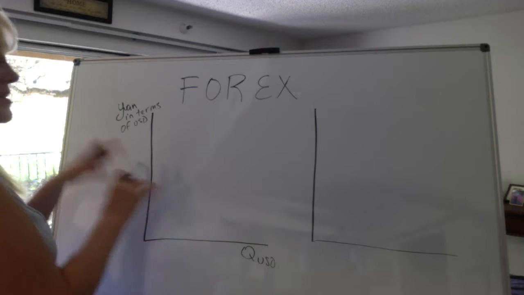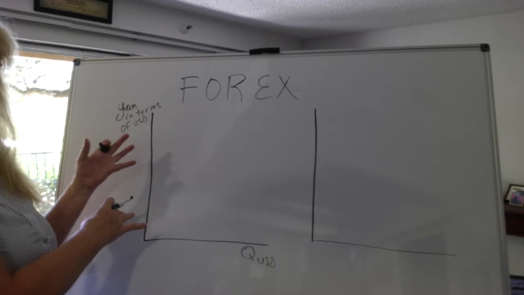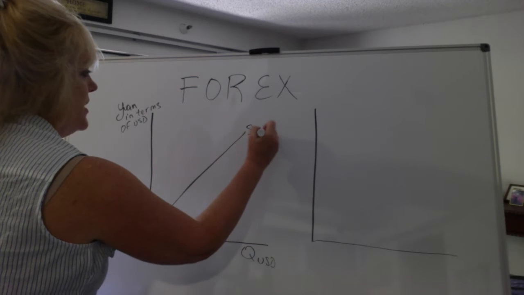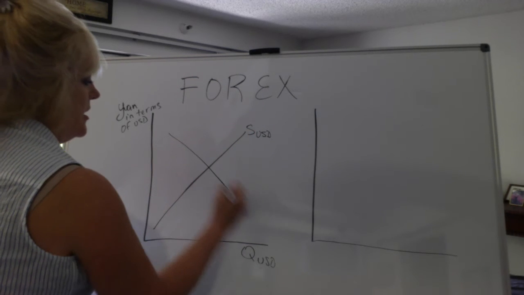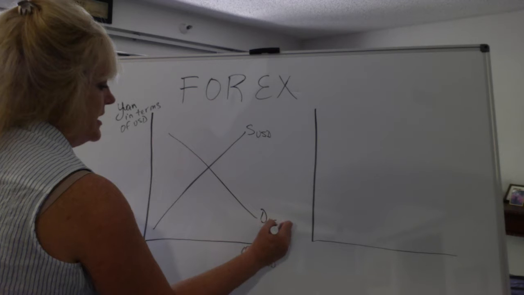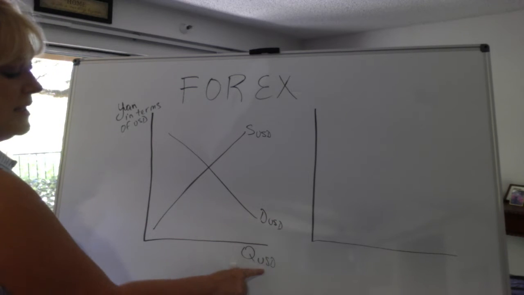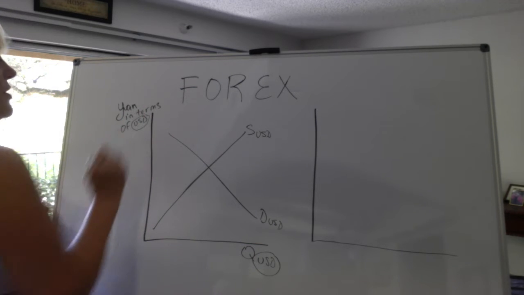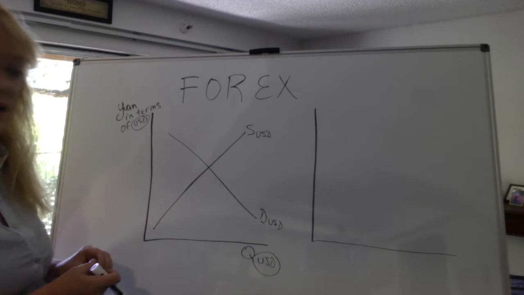So here we're saying, what is the price of USD in terms of 1 yuan? Okay, so we have our supply of USD and our demand for USD. Make sure you label that properly. This must coordinate with the bottom currency here.